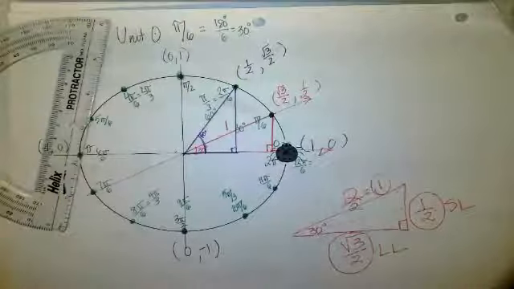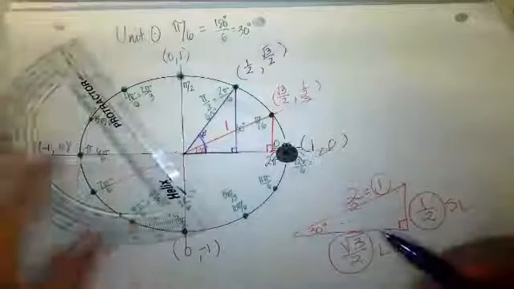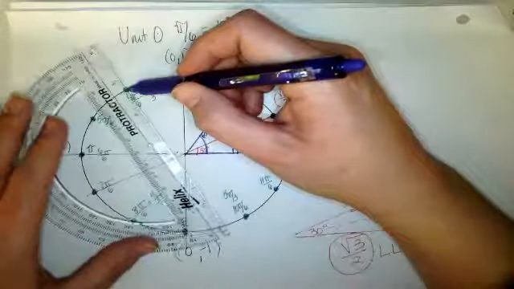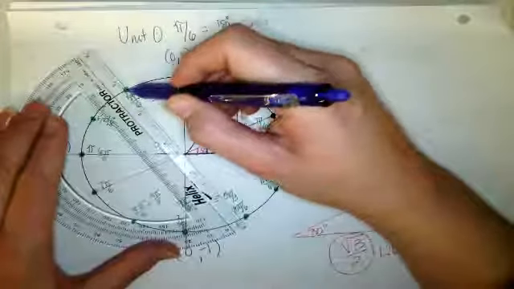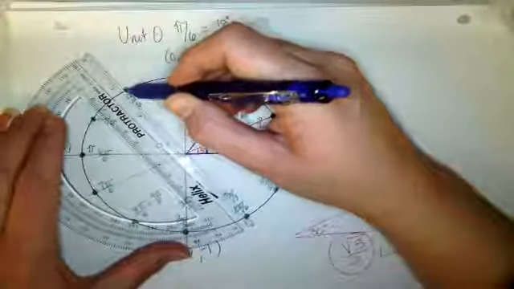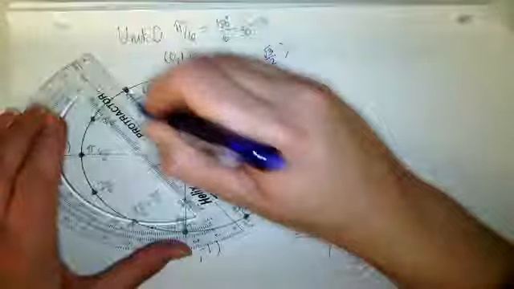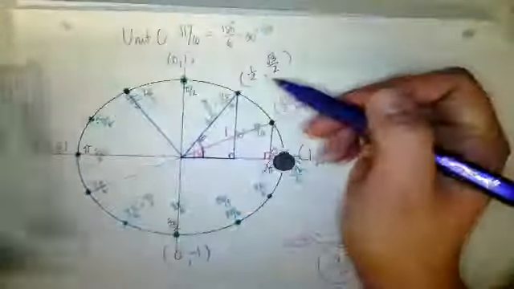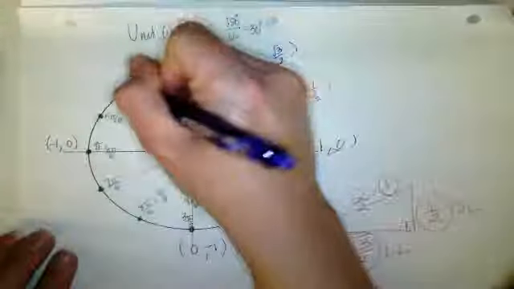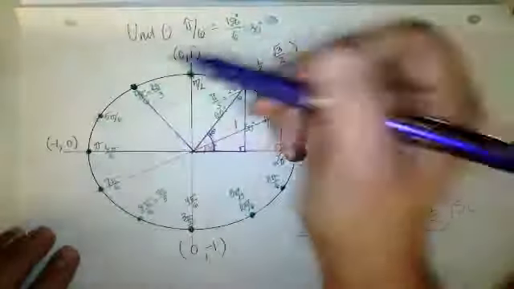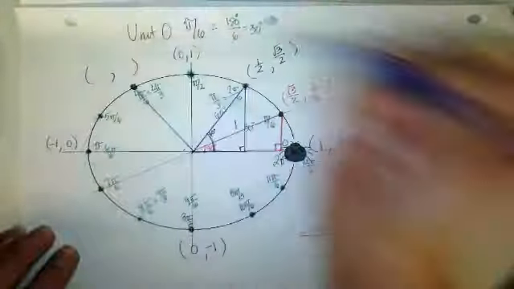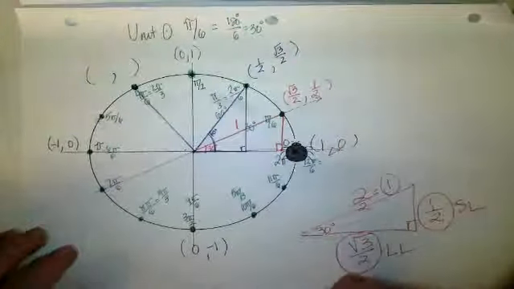Now I go over here to 2π/3. I'm here at 2π/3, and again, our job is to figure out the ordered pair to get there.